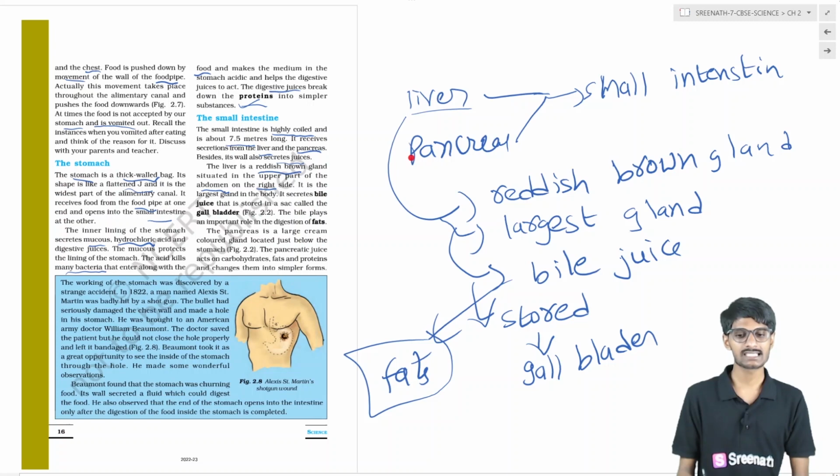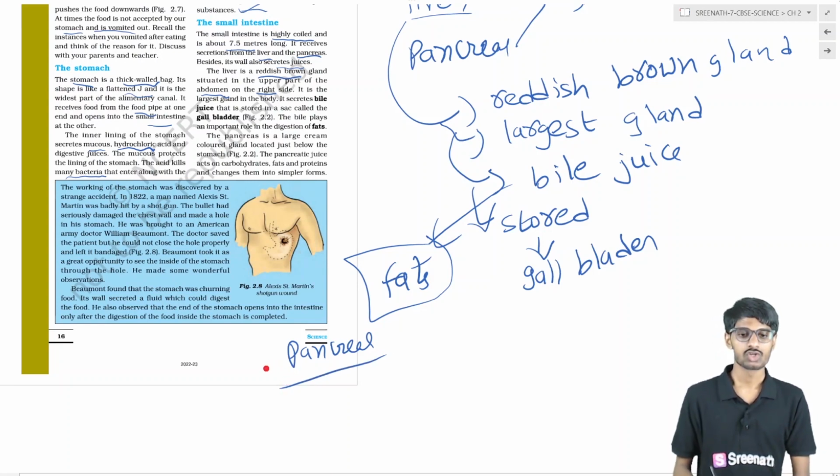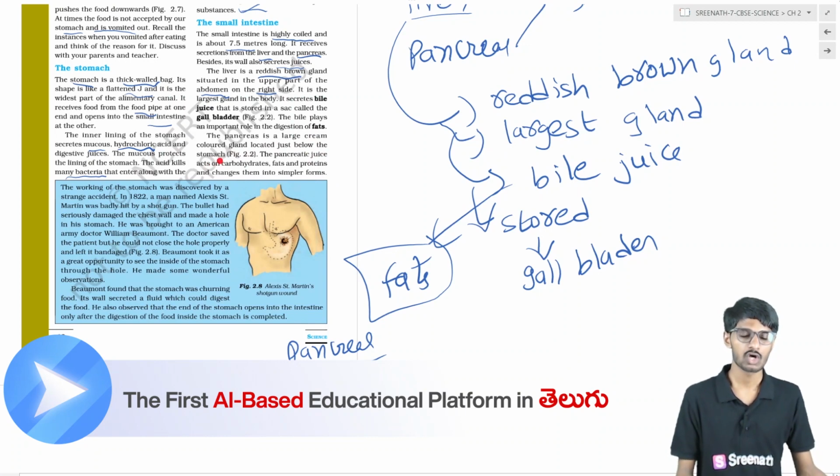One more thing is the pancreas. The pancreas is a large creamy colored gland located just below the stomach.